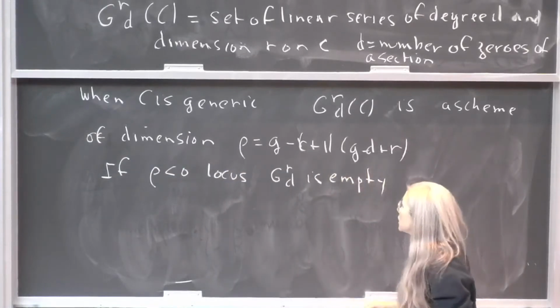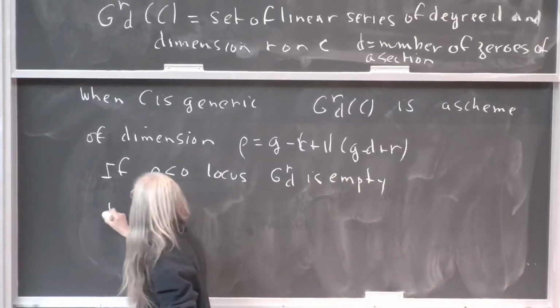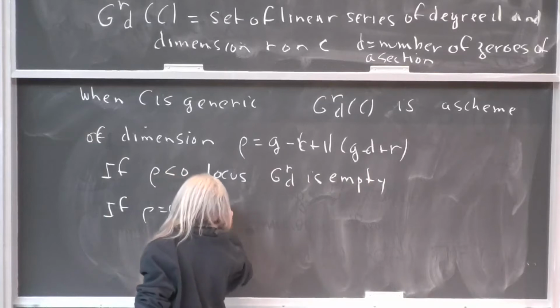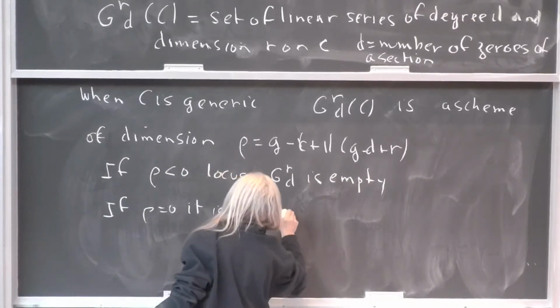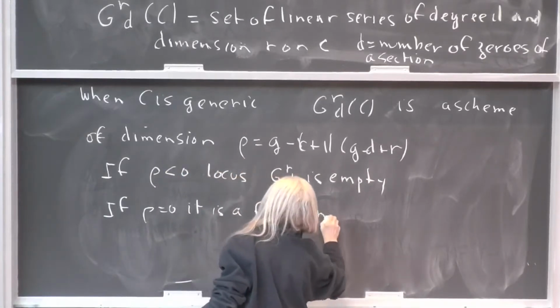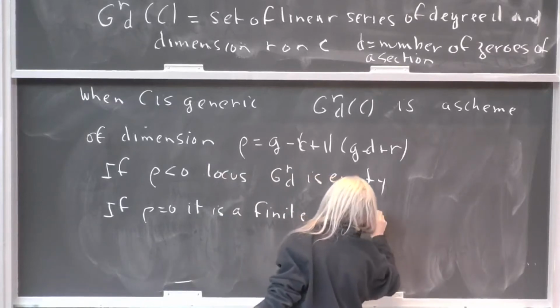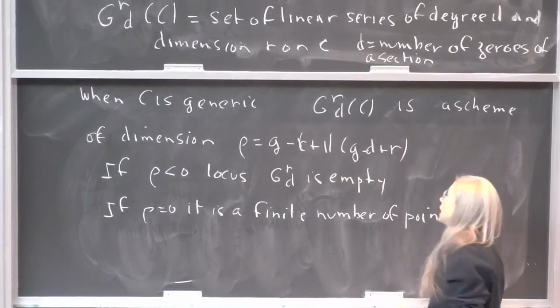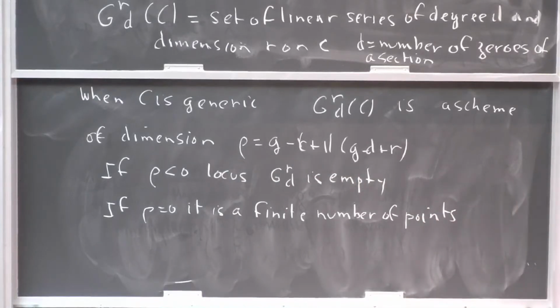If it is 0, it's a finite number of points, and actually, we can count how many points there are.